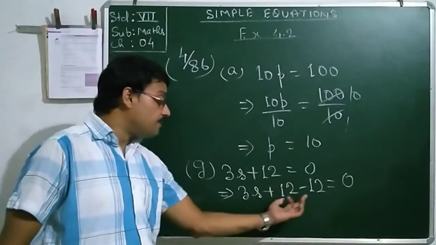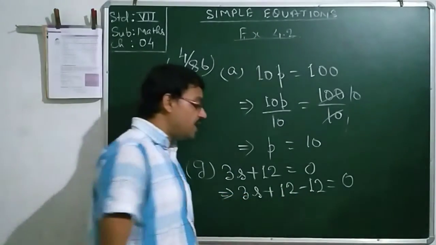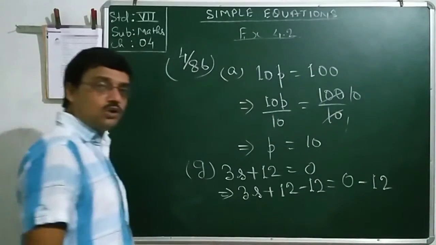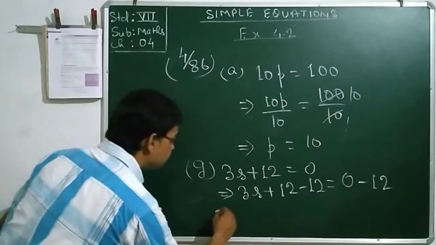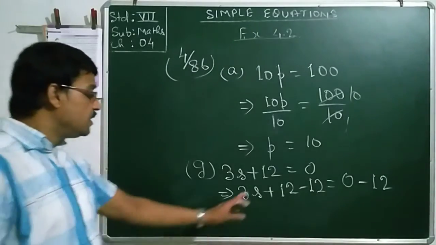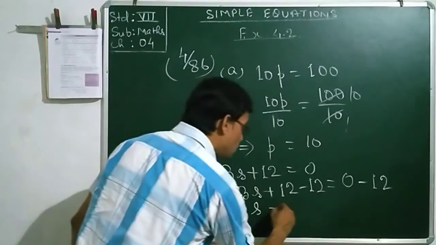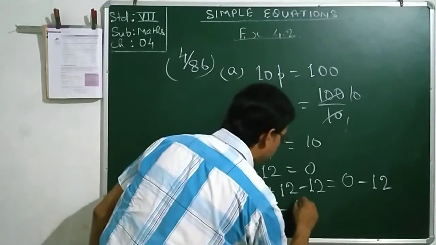As we have subtracted 12 from the LHS, we need to subtract 12 from the RHS also. And the next step, we got 3s equal to minus 12.